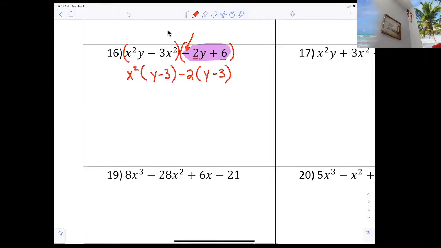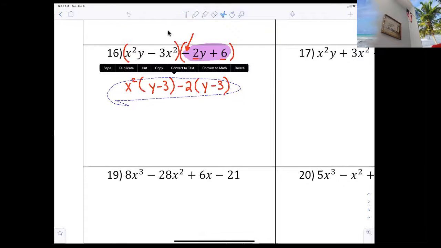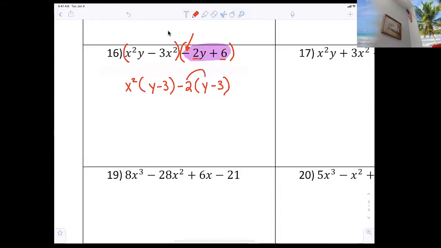Now, again, if you're ever unsure, just re-multiply things. If you can't see it, just go, what's -2 times y? -2y. What's -2 times -3? That's going backwards. It's an easy check.